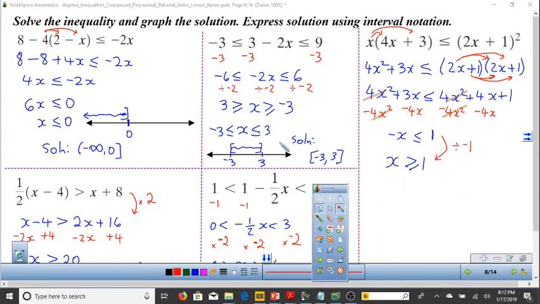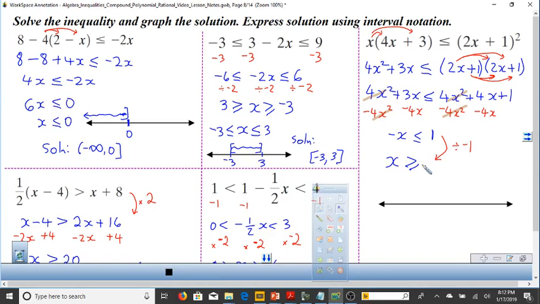And so this graph will basically have one marker, which is -1, and we are shading to the right, and we're using a bracket.